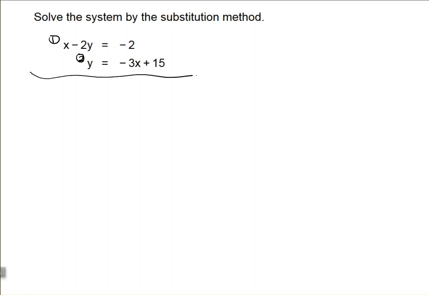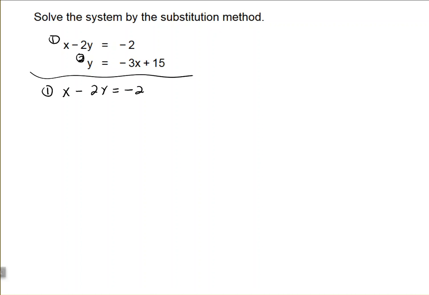All right, so since we know what y is equal to from equation 2, I'm going to take that information and plug it back in, or replace y in equation 1 with what y is equal to. So let's rewrite equation 1. Now, from equation 2, I know that y is equal to negative 3x plus 15.